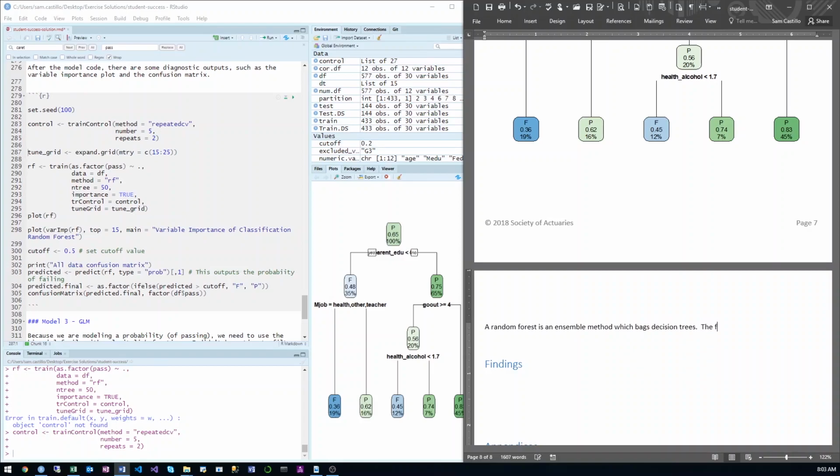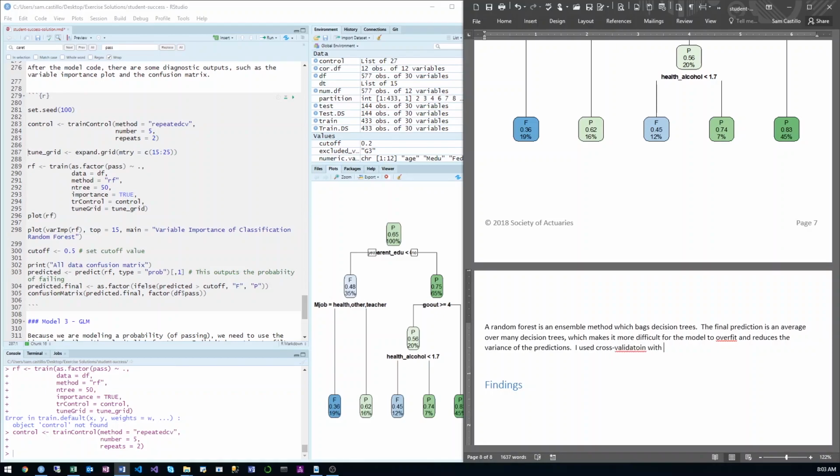The final prediction is an average over many decision trees, which makes it more difficult for the model to overfit and reduces the variance of the predictions.